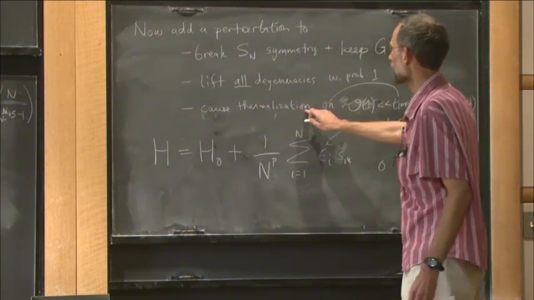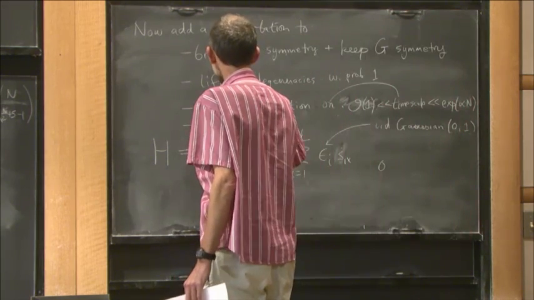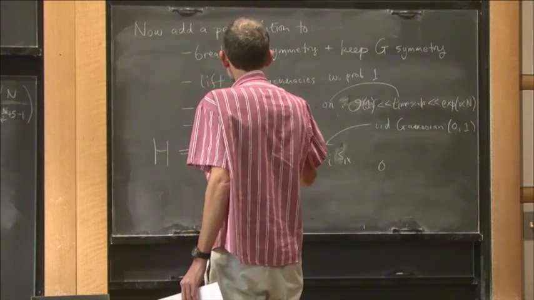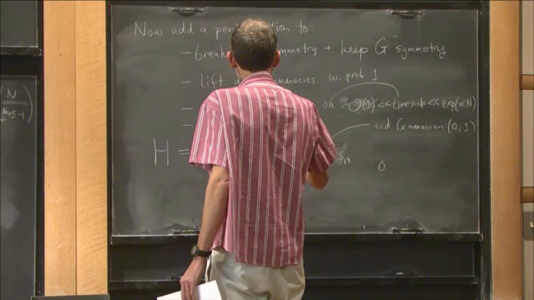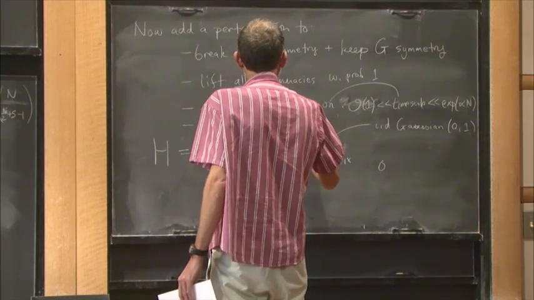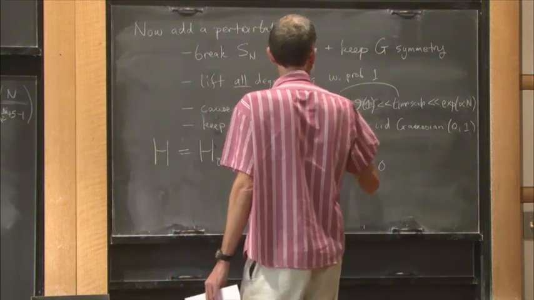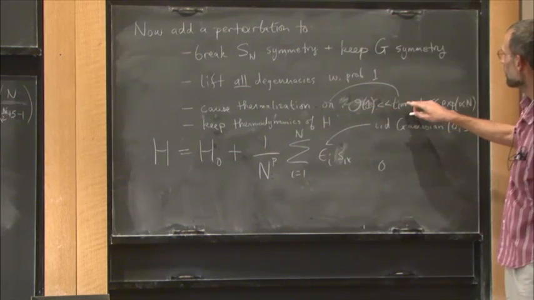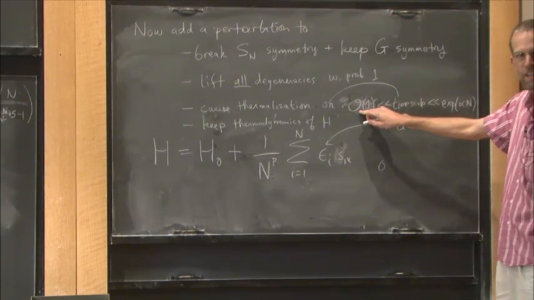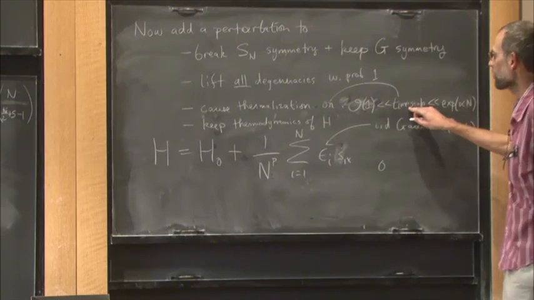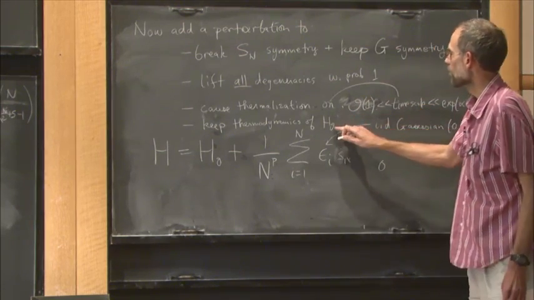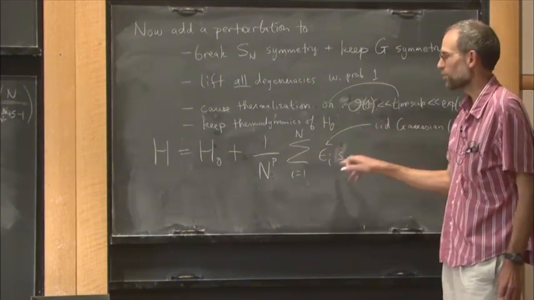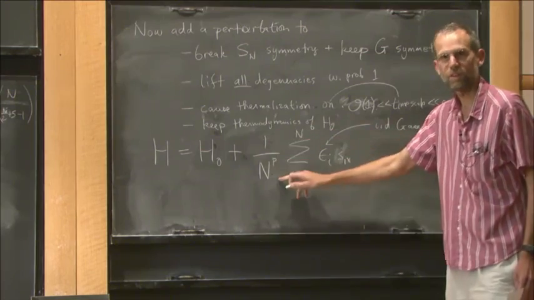One is this, but we actually want to keep the thermodynamics of H. Actually, I already said that. In some sense, by saying this time scale is long compared to order 1, that has as a consequence that the thermodynamics of H naught is not altered by this perturbation, because it vanishes in the thermodynamic limit, really.